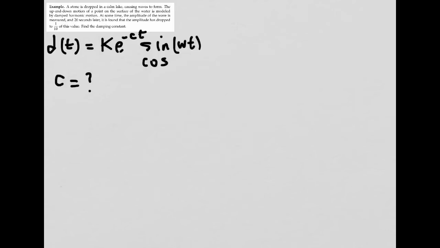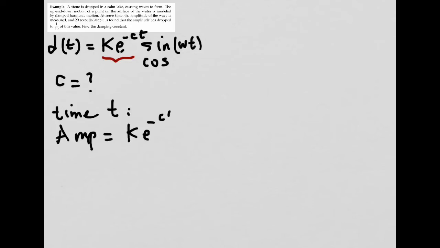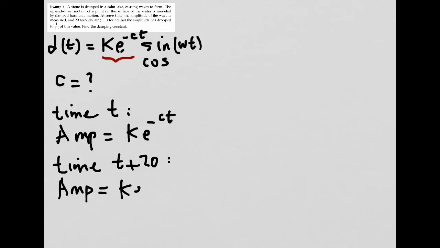Now, when it comes to damped harmonic motion, the amplitude is dictated by K e to the power minus Ct. So at time t, we know that the amplitude is K e to the power minus Ct. 20 seconds later, so this would be time t plus 20, the amplitude is K e to the minus C times t plus 20.